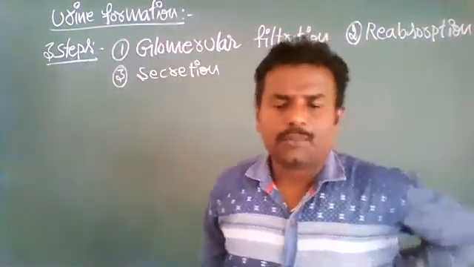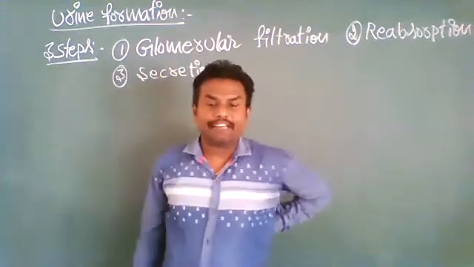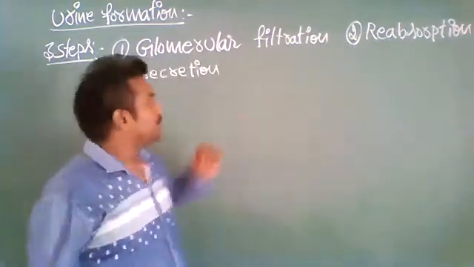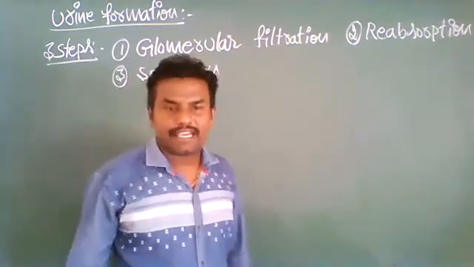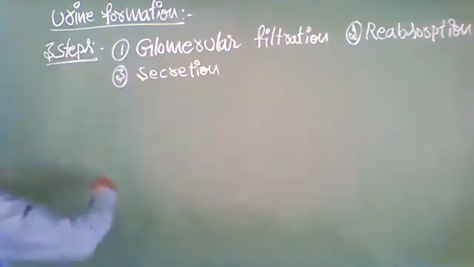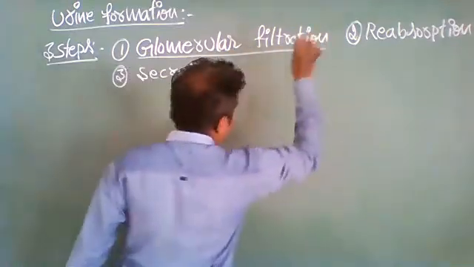So the process of urine formation mainly involves three steps. Those are glomerular filtration, reabsorption, and the third one is the secretion process. So first of all, let us see glomerular filtration.